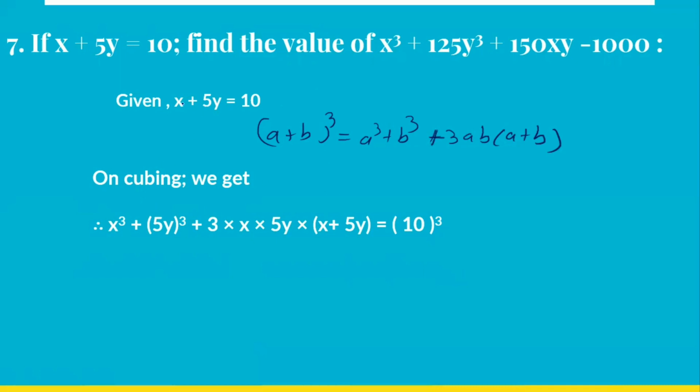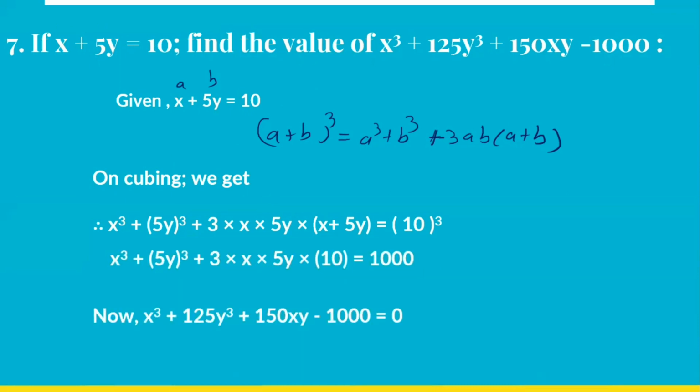So when we cube both sides, we get x cube plus 5y the whole cube plus 3ab. Your a is x and your b is 5y, right? 3 into x into 5y into x plus 5y. So what is the value of x plus 5y? It is 10. Let us put it over here. On simplifying, 5y the whole cube is going to be 125y cube.